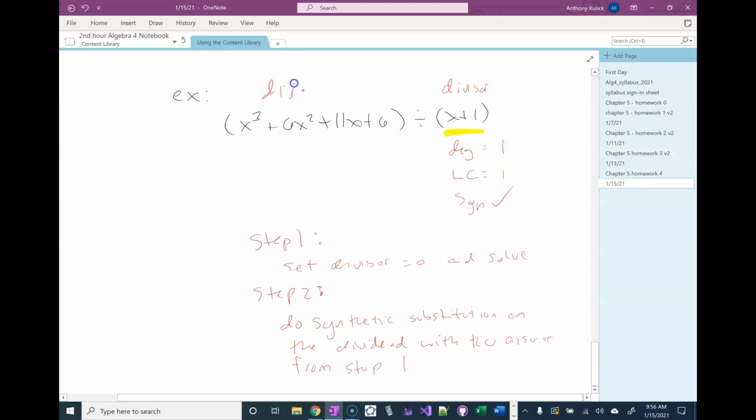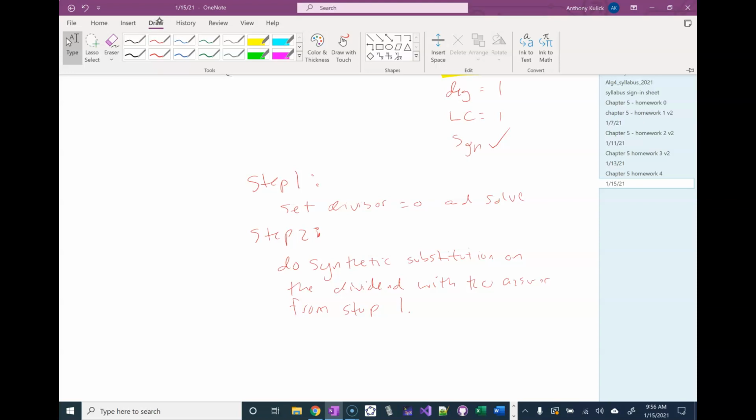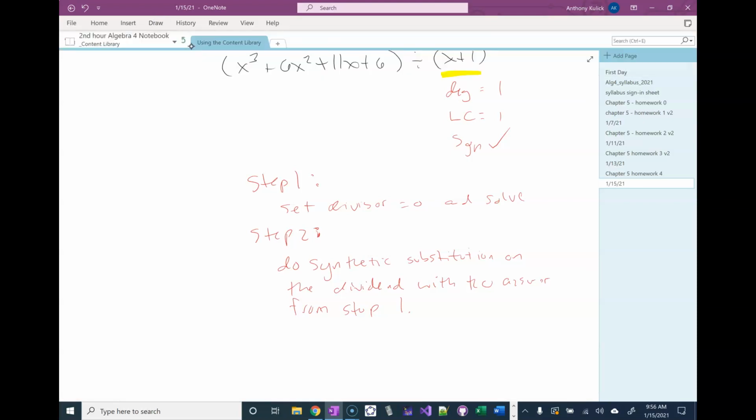Again, that first number in the division problem is the dividend. Okay, so this is our synthetic division process.